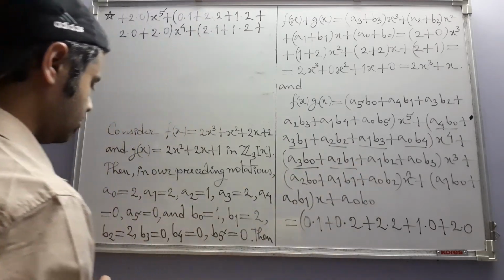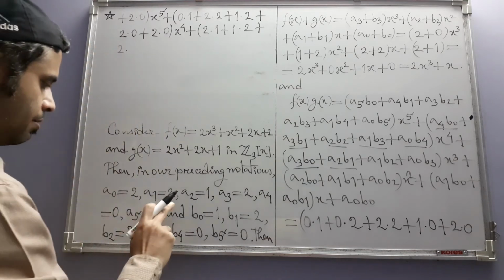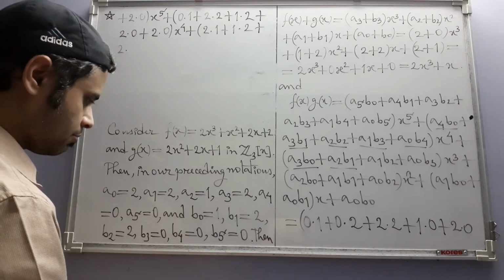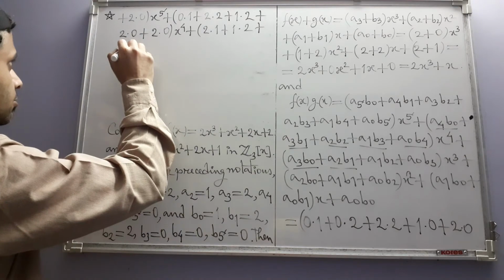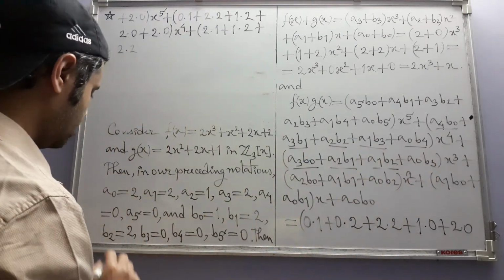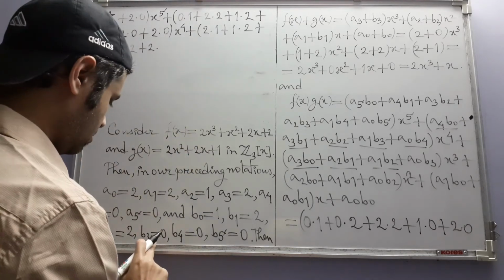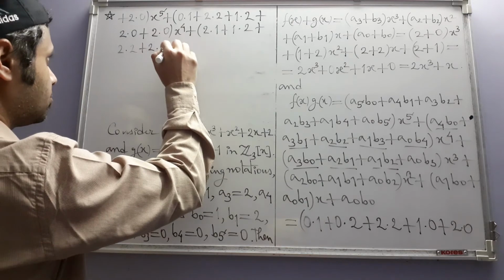Plus a1 b2, a1 is 2, b2 is what? 2. Then a naught b3, a naught is 2, b3 is 0.